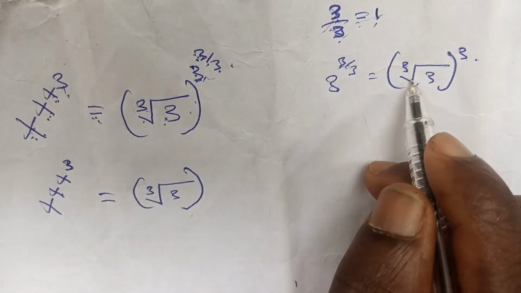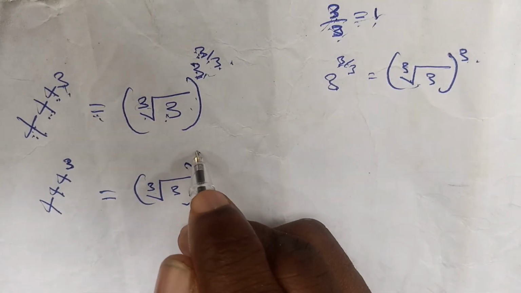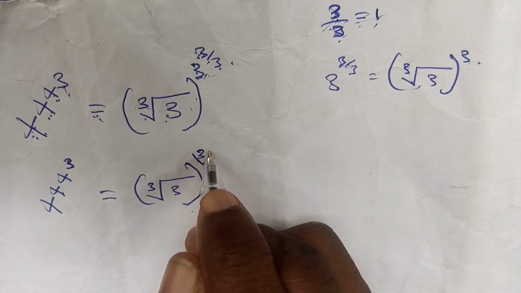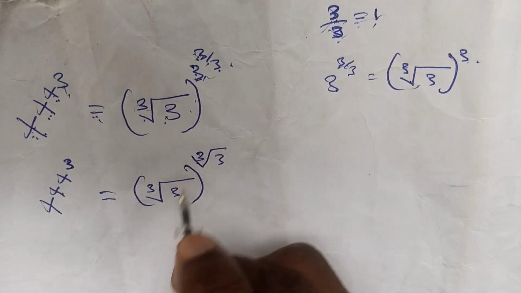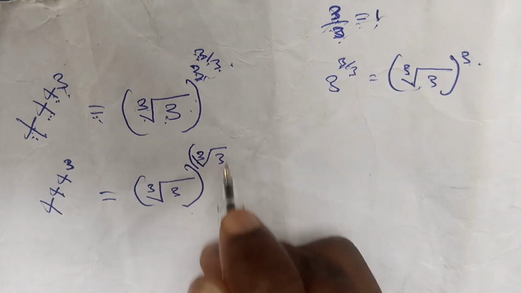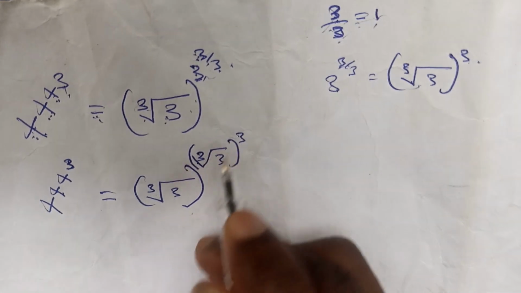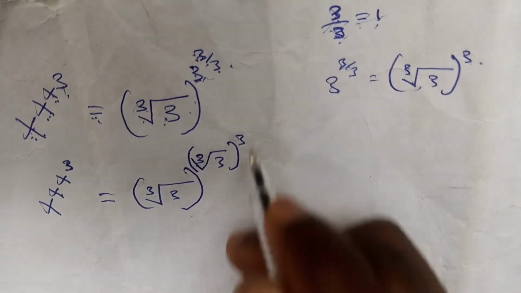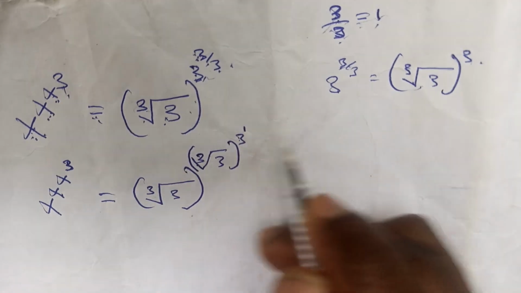So we have the cube root of 3 to the power of 3. Recall this 3 can also be 3 to the power of 1, because we said 3 to the power of 1 is equal to 3.